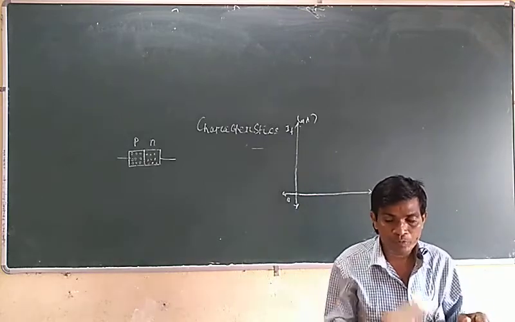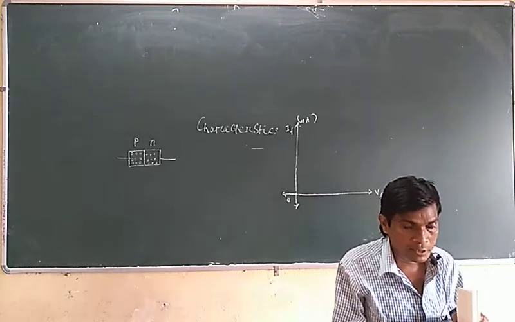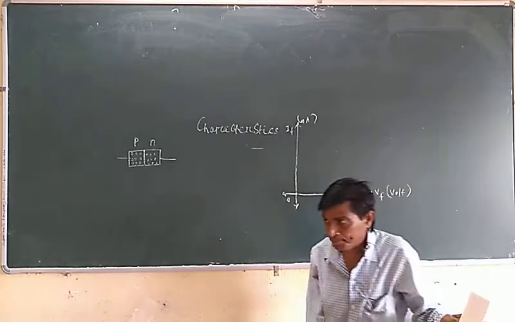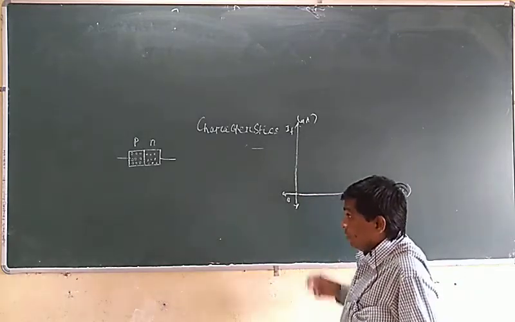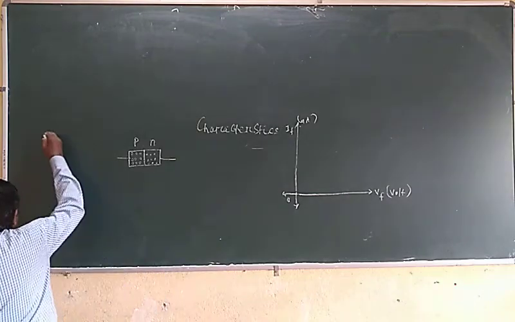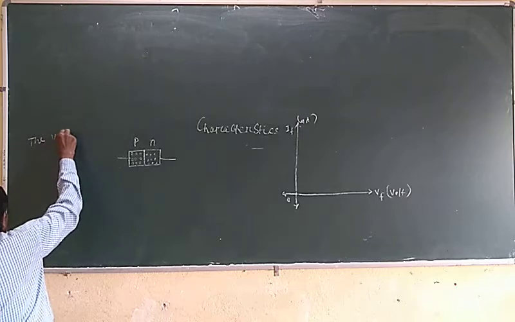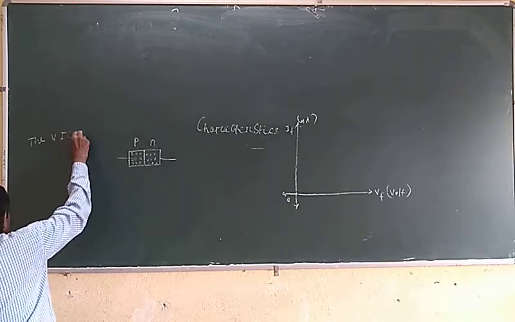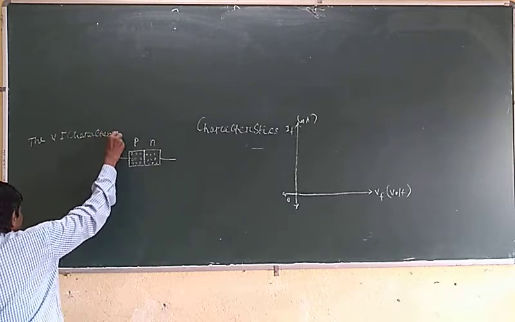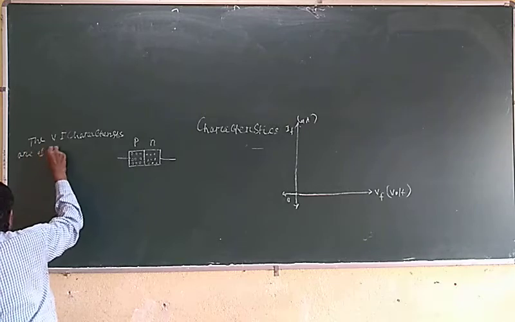Now the characteristics are also forward biasing characteristics and reverse biasing characteristics. So we write the VI characteristics are of two types.